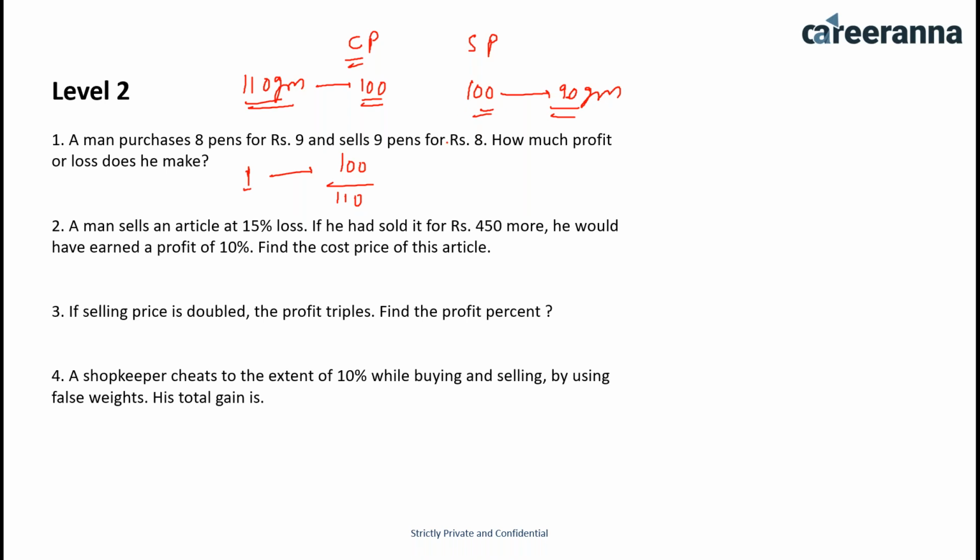Is it clear? So what is the selling price of 1 gram? It is 100 by 90, isn't it? So please tell me what is the gain percentage.